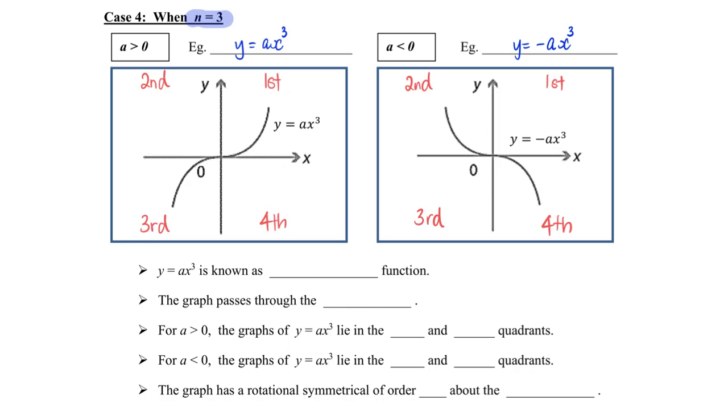There's a special name given to this type of graph where the highest power of the variable x is 3. We call it the cubic function. Another observation is that it passes through the origin.